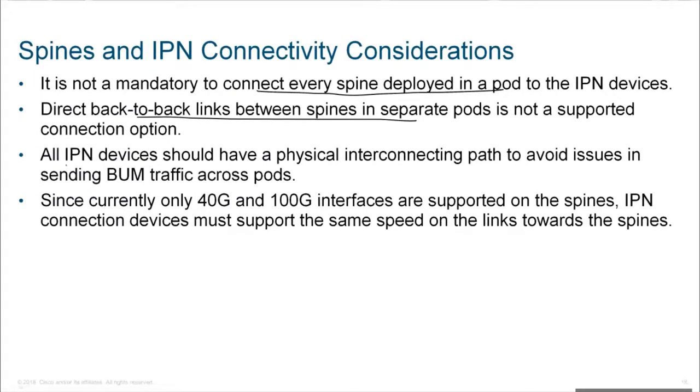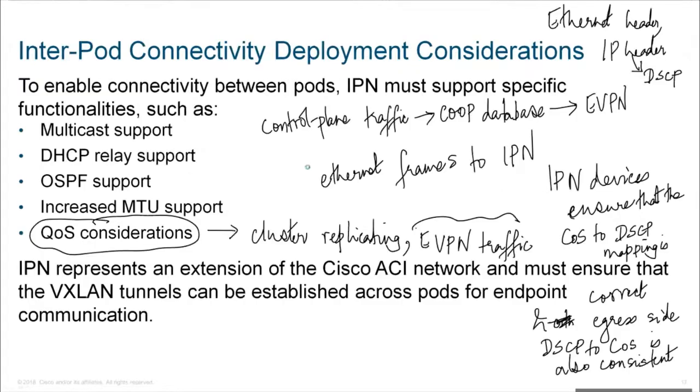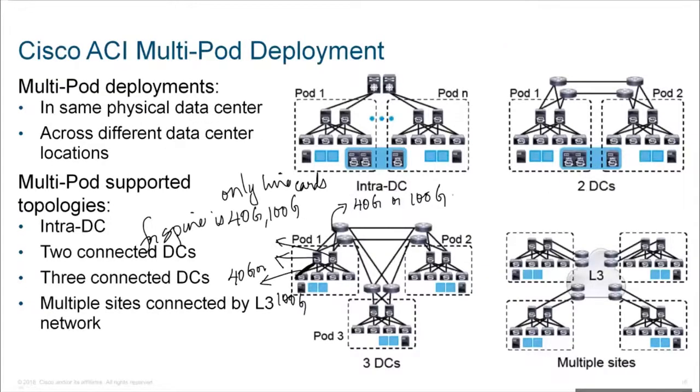Okay. Then all the IPN devices should have physical interconnecting path. What do I mean by that? Between, say, this is an IPN. It should have path here, path here, path here, path here, path here, path here.